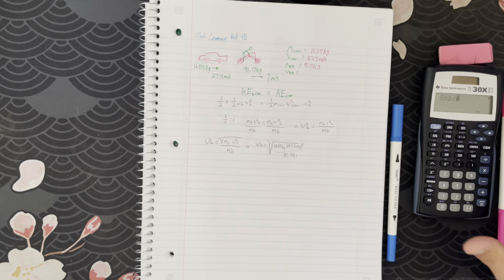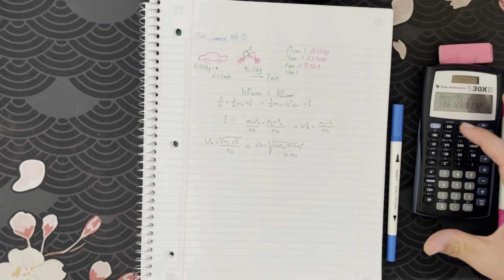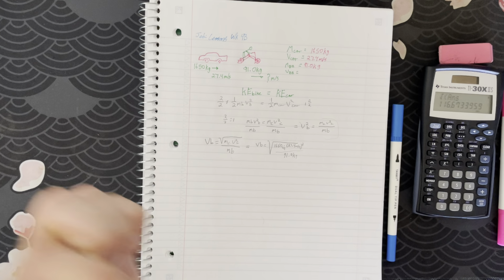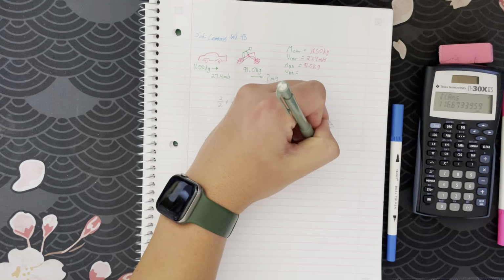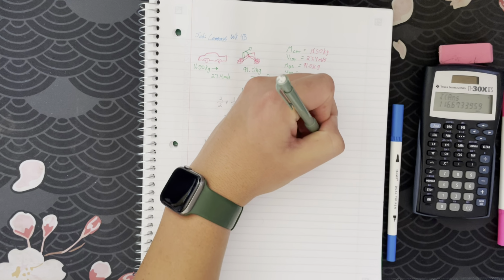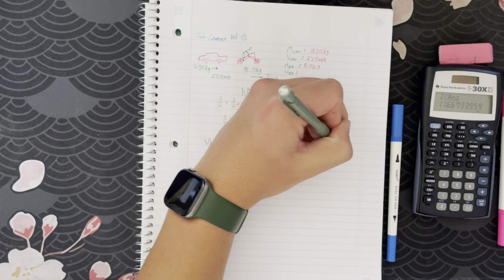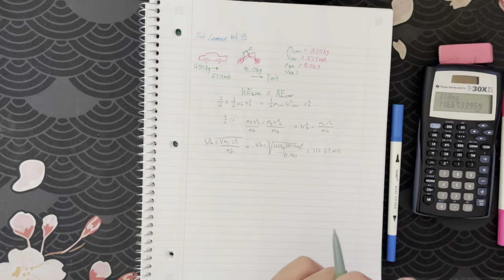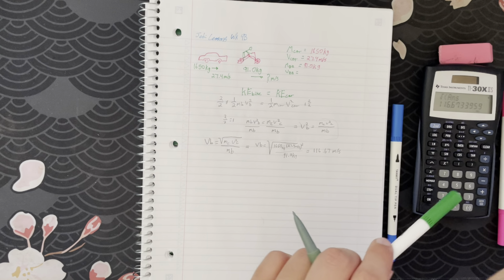Okay, divide that by 91. So now we have this number, and then we're going to do the square root of the answer, which equals 116.67 meters per second. So this is the velocity of the bike.